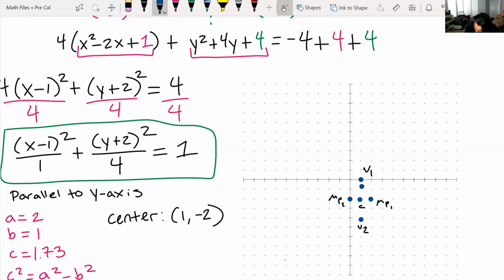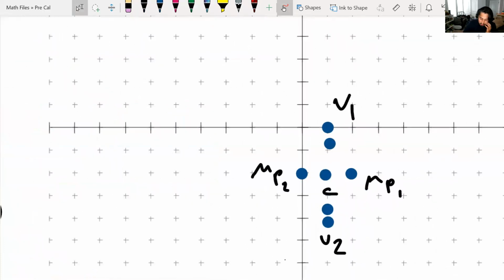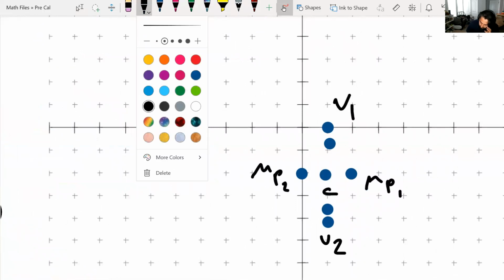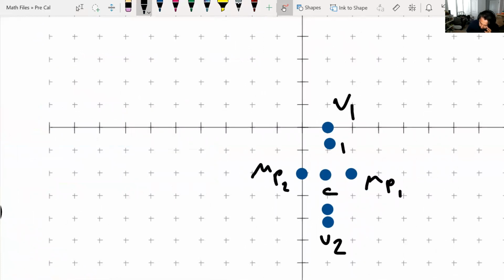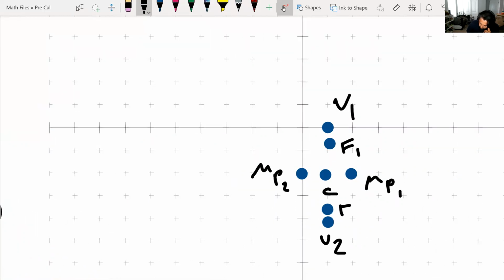So I'll just put it there and there. Connect. And label everything.